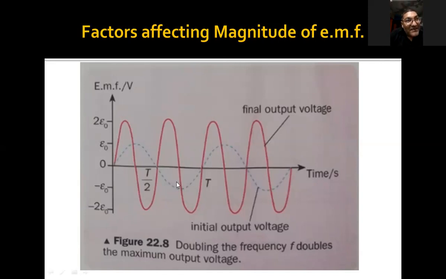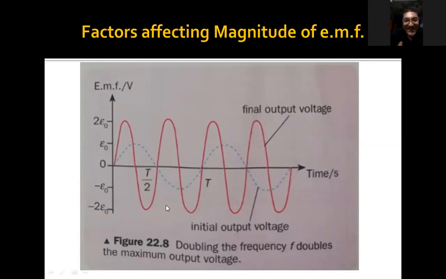The EMF graph completes one cycle in T seconds, but the red graph completes one wave in T by 2, so the time period has become half. In T seconds there was one wave, but in T seconds the red one has 2 waves.